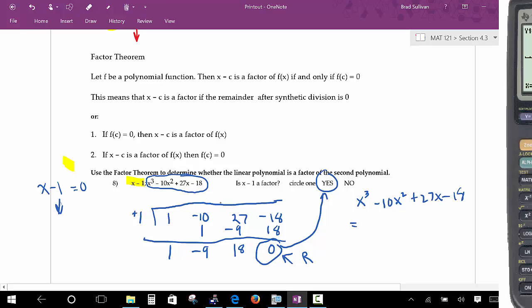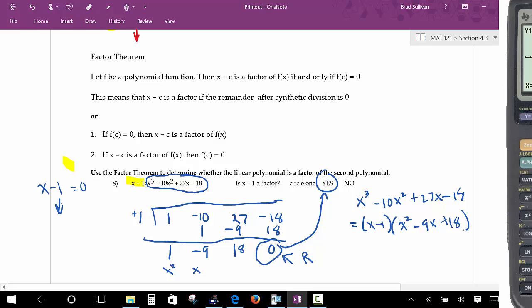Actually, what we have is x minus 1 is a factor, and this thing right here gives you what? The power went down 1, so that's 1x to the second minus 9x plus 18. So that's another factor. So you have x squared minus 9x plus 18, and that thing may even factor further.